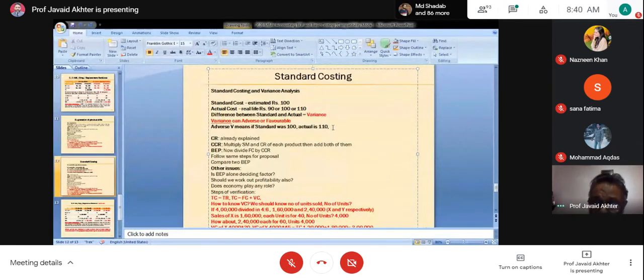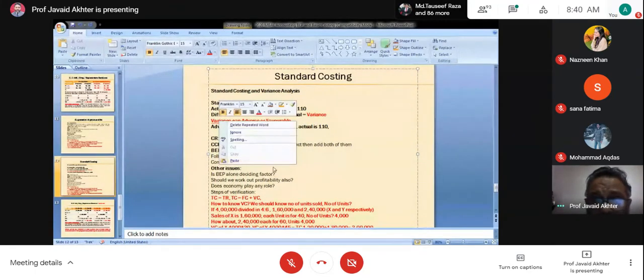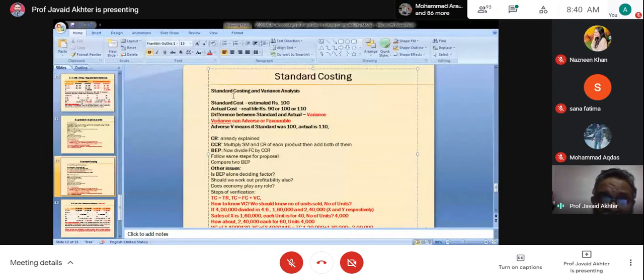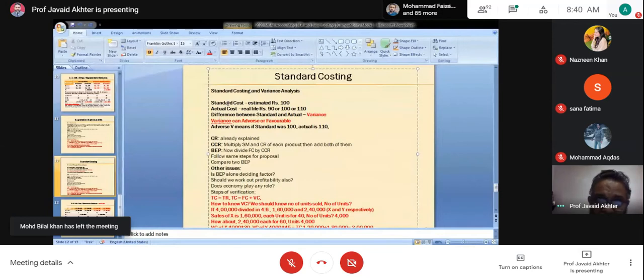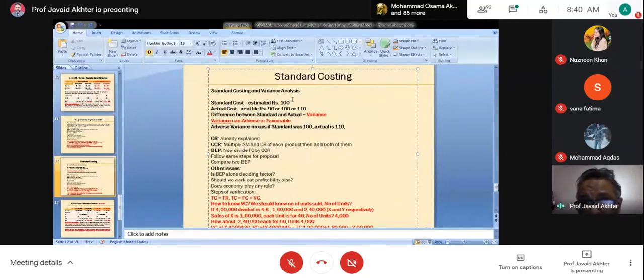So by now we have understood the meaning of standard cost, the meaning of actual cost, the meaning of variance, the meaning of favorable variance, and the meaning of adverse variance. These four concepts we have learned. Now, if there is a favorable variance, in accounting language, is it to be debited or credited?